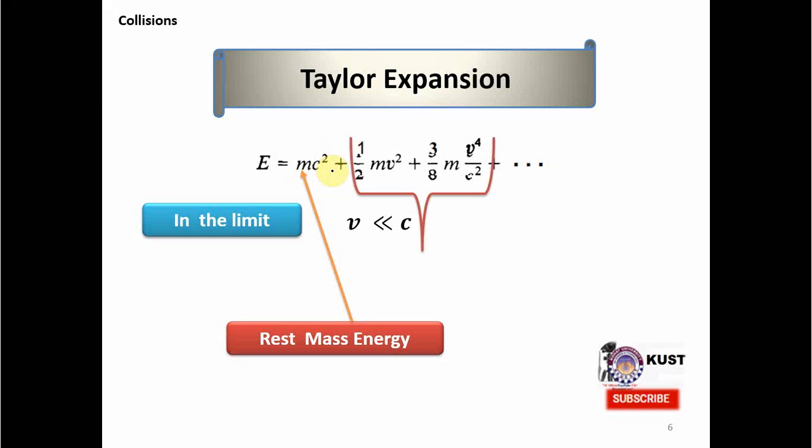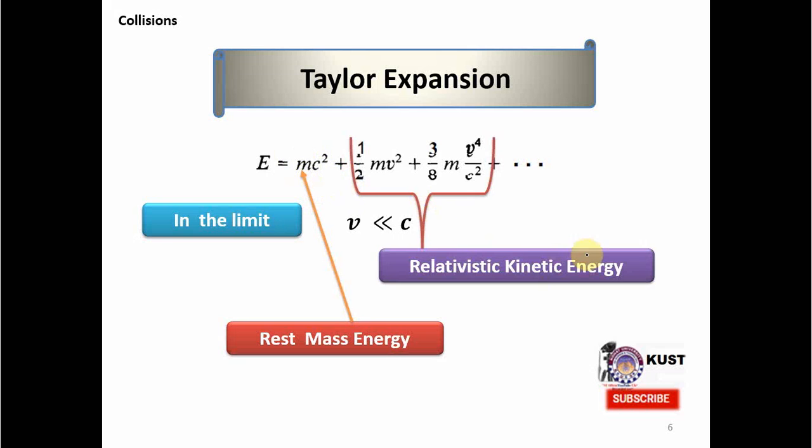And the rest of the terms are actually the relativistic kinetic energy terms. As I already mentioned, the first term is well known to you, and the second term is also the relativistic kinetic energy. So you now know that this energy is the sum of the rest mass energy and the relativistic kinetic energy.